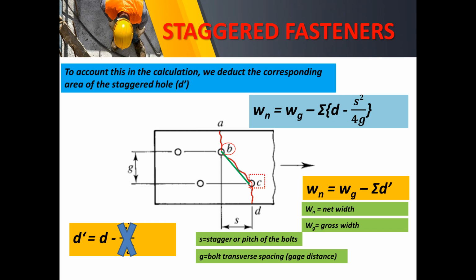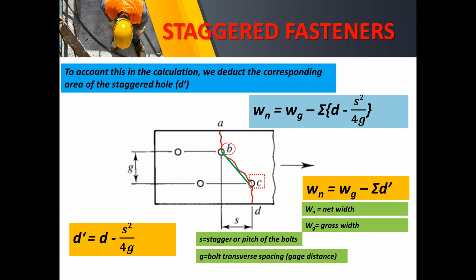The diagonal implies that there will be a stagger or pitch of the bolts. Hence, this will be applied on the equation as well.